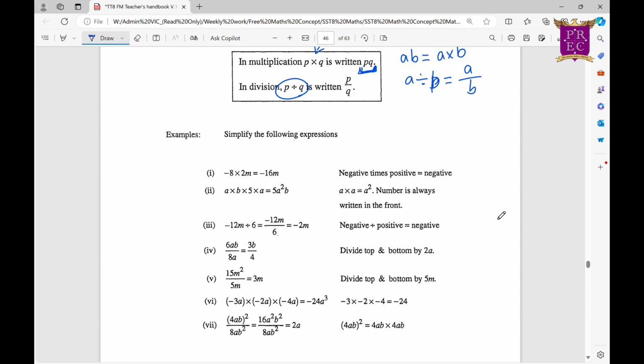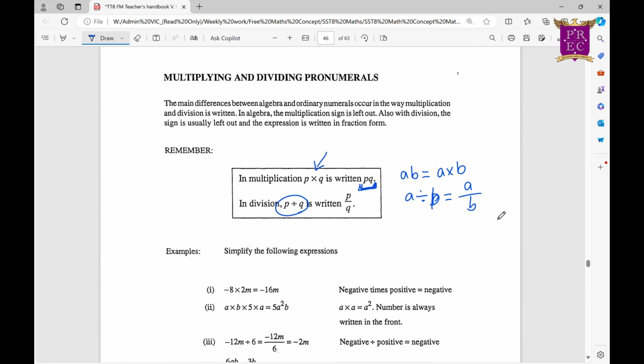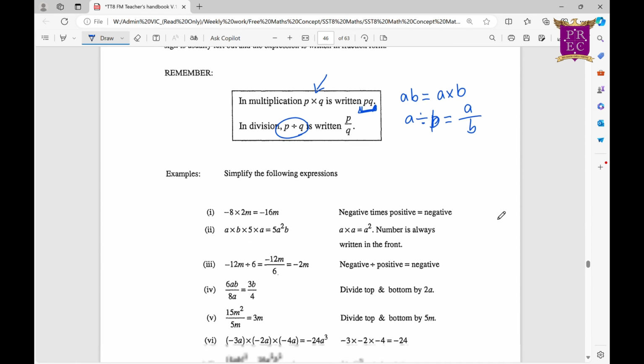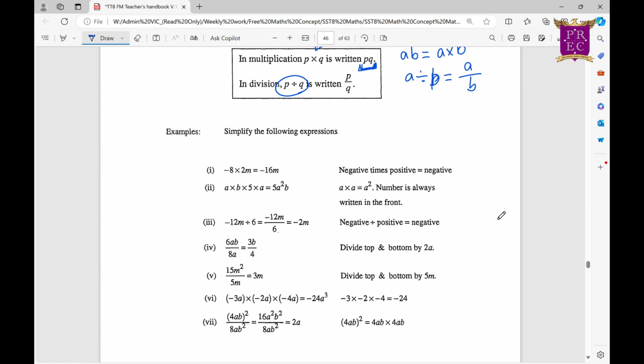So when it comes to multiplying and dividing pronumerals, when you multiply pronumerals, you typically end up being able to just join all of the pronumerals. So it's not like adding or subtracting where you need to keep the like terms separate. Oftentimes they do interact.